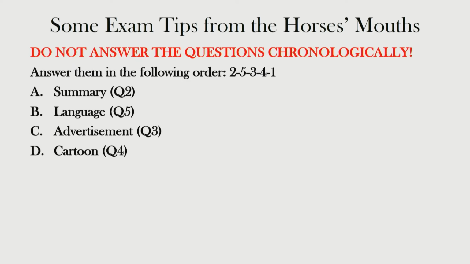You notice also that these 4 questions are all out of a total of 10 marks each. So you get them out of the way fairly quickly. Well, the summary not so very quickly, because you should take a bit more time on the summary than you do, for example, on the advertisement or the cartoon sections.